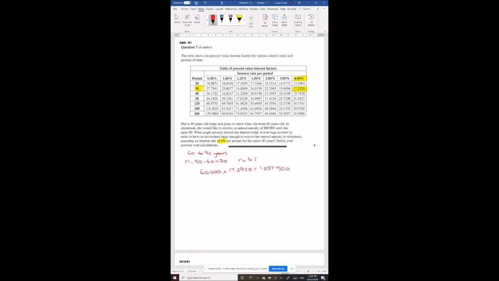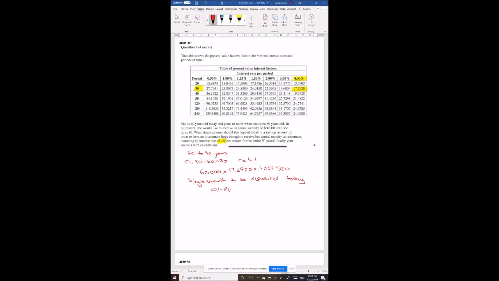Okay, now we need to work out the single amount. So we're trying to find the single amount to be deposited today. So this one here, we need to think of our compound interest formula.